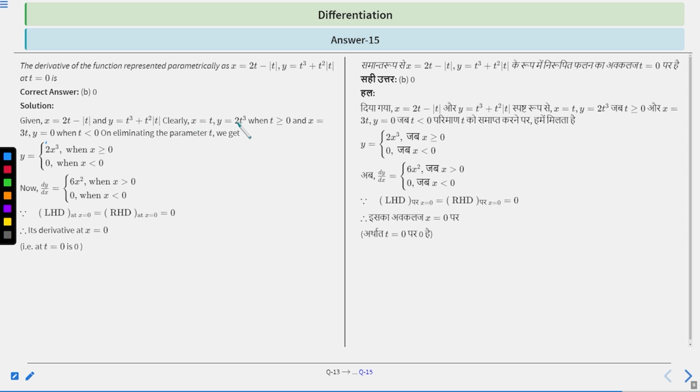Since x is equal to t and y is equal to 2t cube, put t equal to x here. So y is equal to 2x cube when x is greater than or equal to 0, and y equal to 0 when x is less than 0. So this is y in terms of x by eliminating parameter t. Now let's find dy by dx.